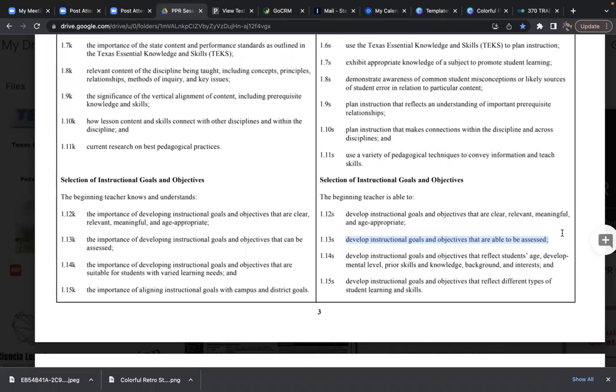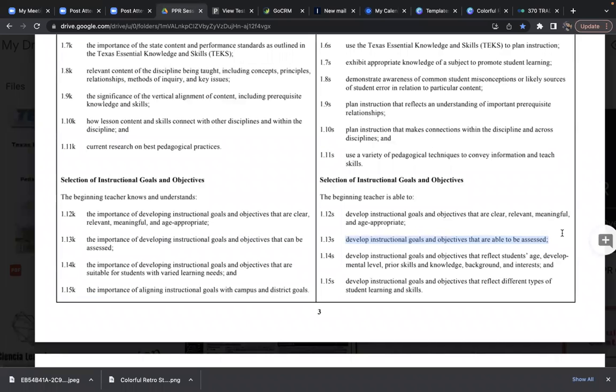We need to make sure that every goal and objective that we create for our students can be measured, because we don't do anything for nothing. We measure things not just to give them grades.